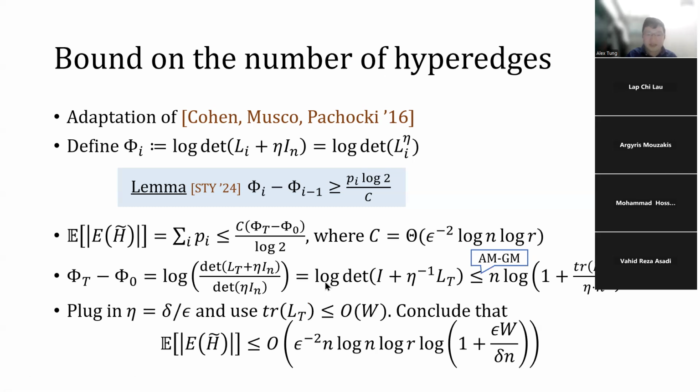And then basically just plug things in and then use a trivial bound on the trace of LT. We can conclude that the expected number of hyperedges in H tilde is upper bounded by this, which is what we want. So this is broadly how the analysis goes. Are there any questions?